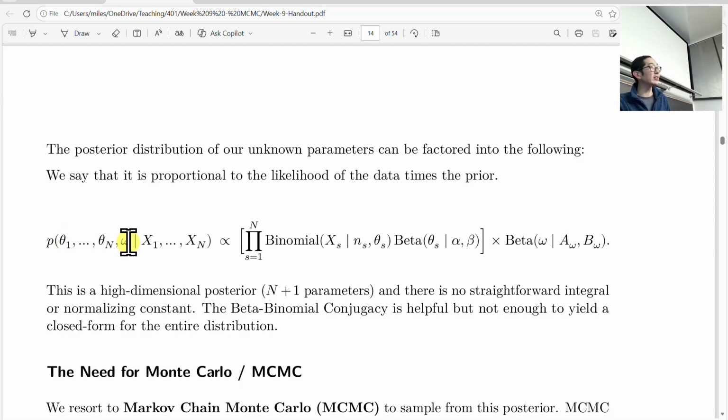This is the distribution that we want. This thing is hard, but we're going to try to generate samples from this.